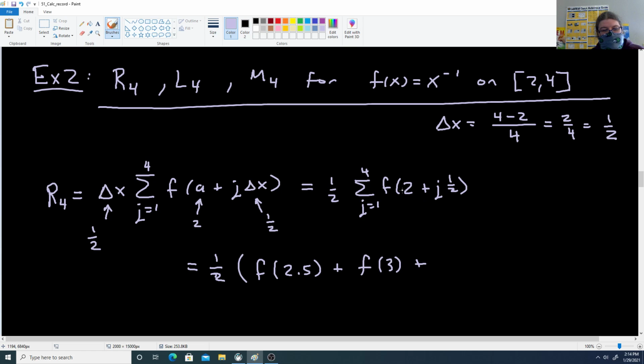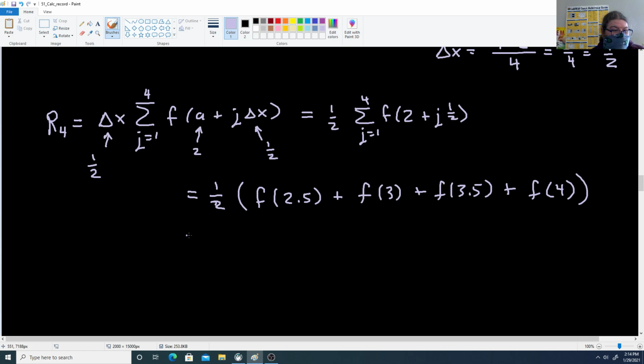When j is 3, this is 2 plus 3 halves. 3 halves is 1.5. 2 plus 1.5 is f of 3.5. And then when j is 4, half of 4 is 2. We get f of 2 plus 2, which would be f of 4.